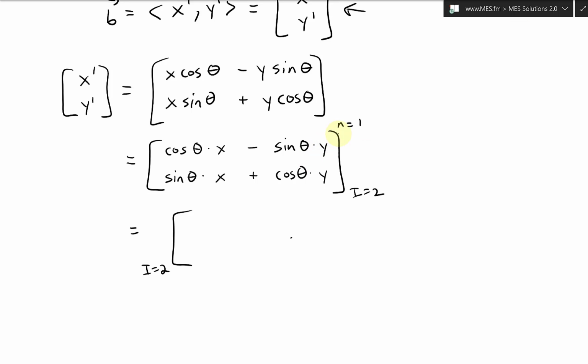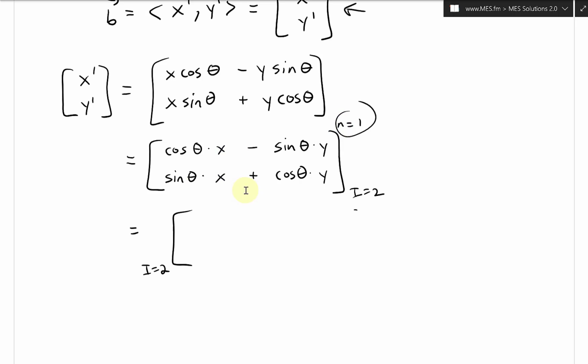When we multiply this by something, it has to have the same m, and then n equals 1 there. So it matches that.